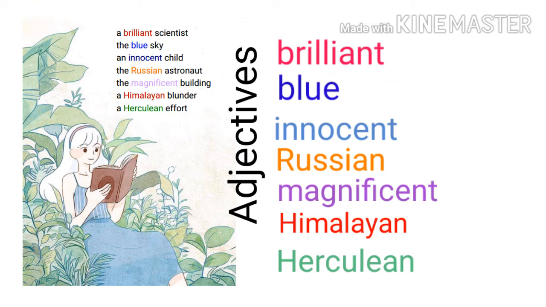Here, in all these sentences, the adjectives brilliant, blue, innocent, Russian, magnificent, Himalayan, Herculean, etc. describe or modify their nouns in different ways. Hope you have understood the point.